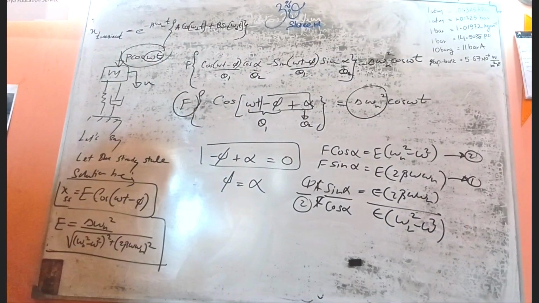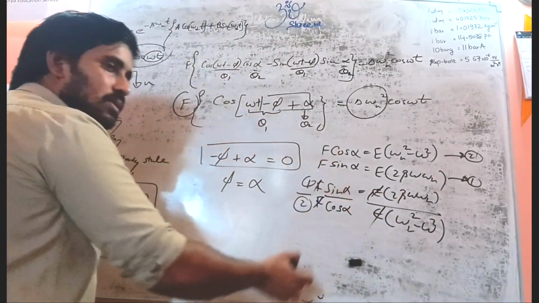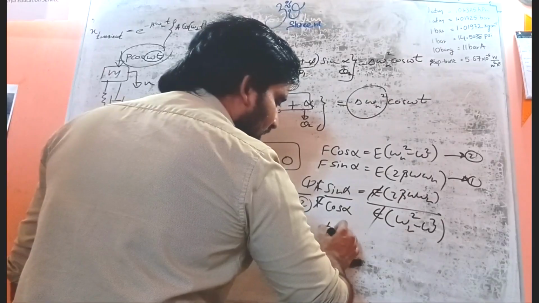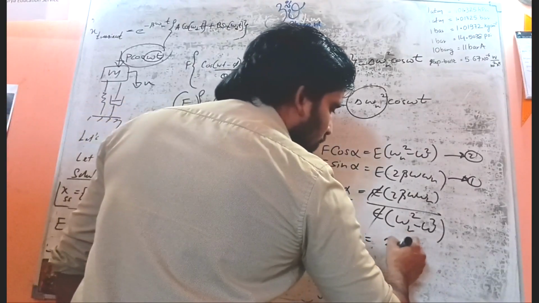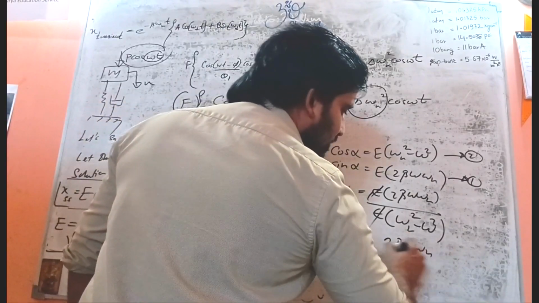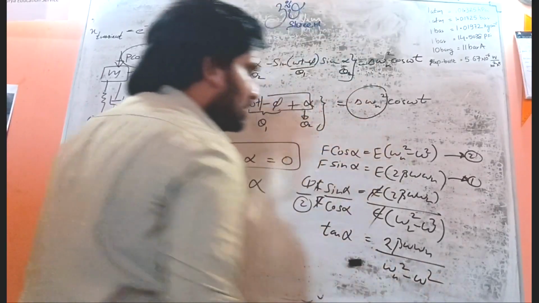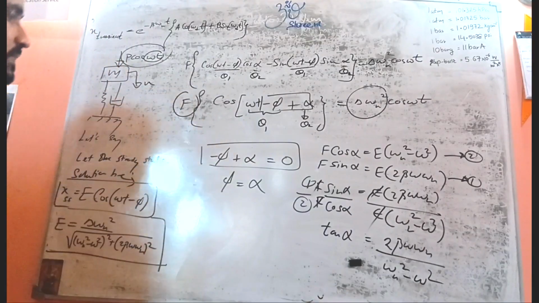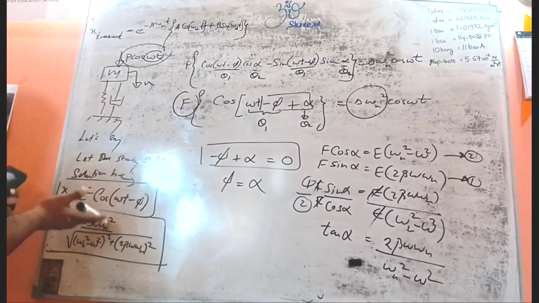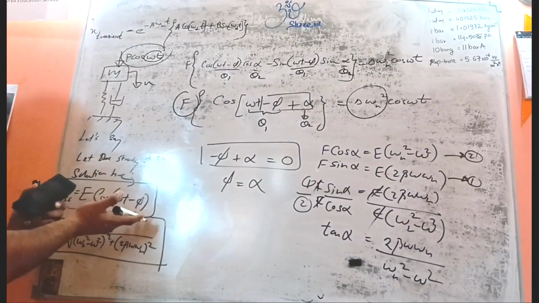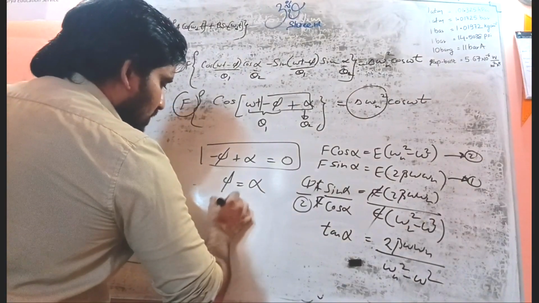E to E you can cancel. So sin alpha divided by cos alpha gives you tan alpha. Tan alpha equals 2 beta omega n, very important, divided by (omega n squared minus omega squared). Now you know what alpha is, because we considered the steady state solution with this phi, and phi is alpha.